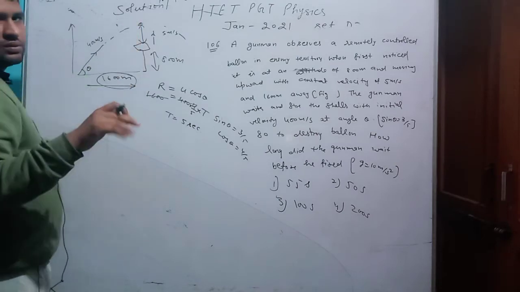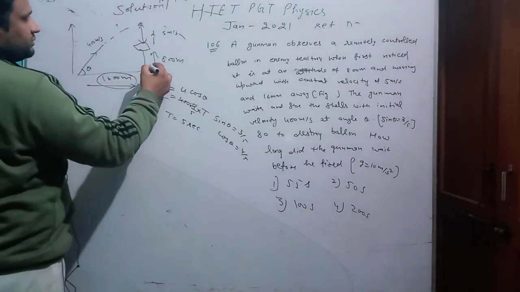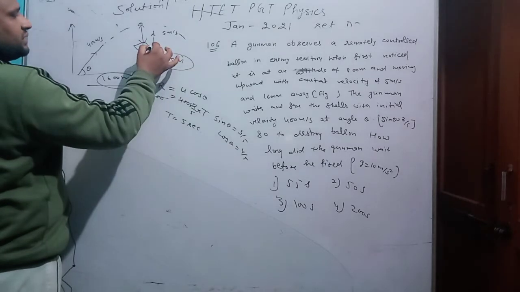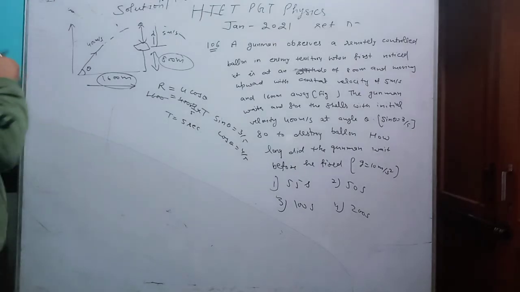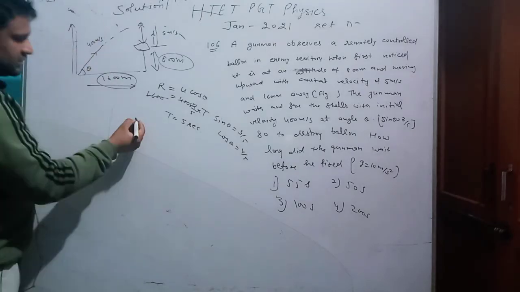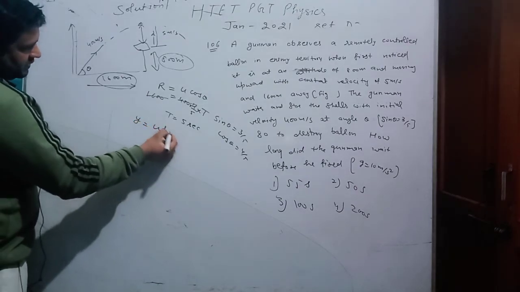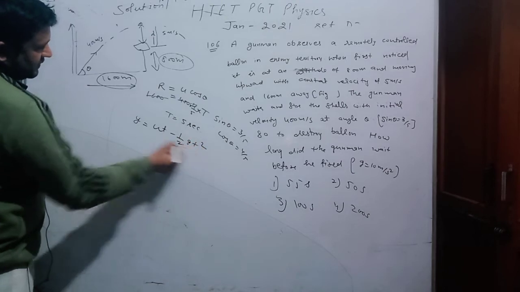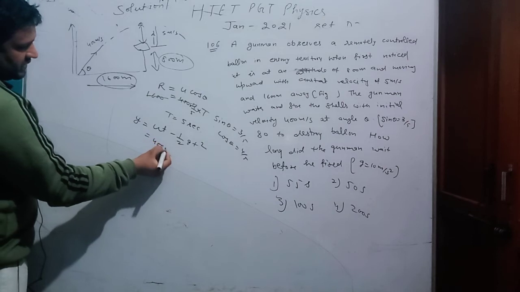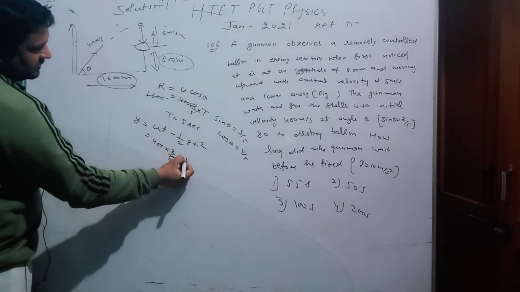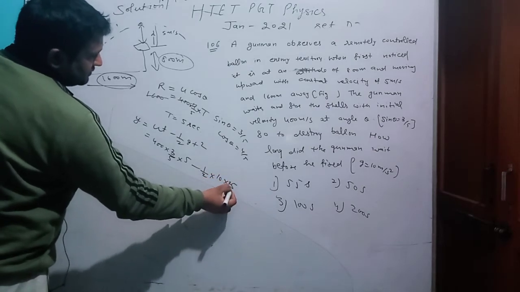So we have to find the total height traveled by the balloon: 800 already traveled, and this much distance in the time required. Let's say this distance is y. It is ut minus half g t square, where u is the initial speed in the vertical direction, that is u sin theta, into the time period 5, minus half into g, which is 10, and time 5 square, that is 25.